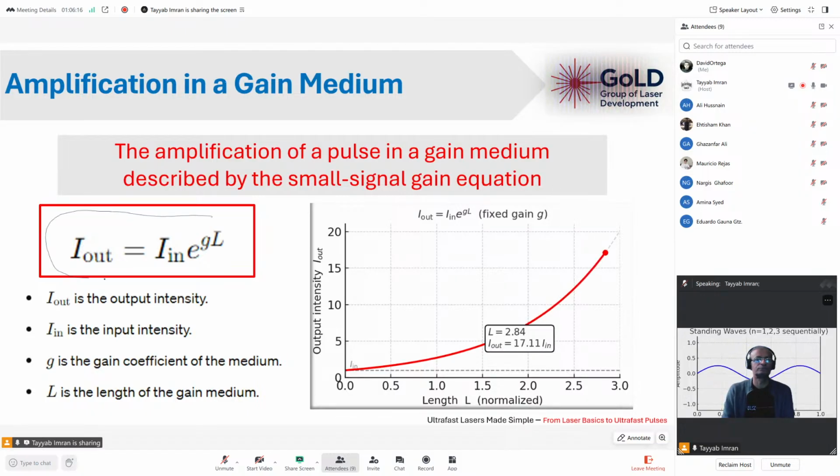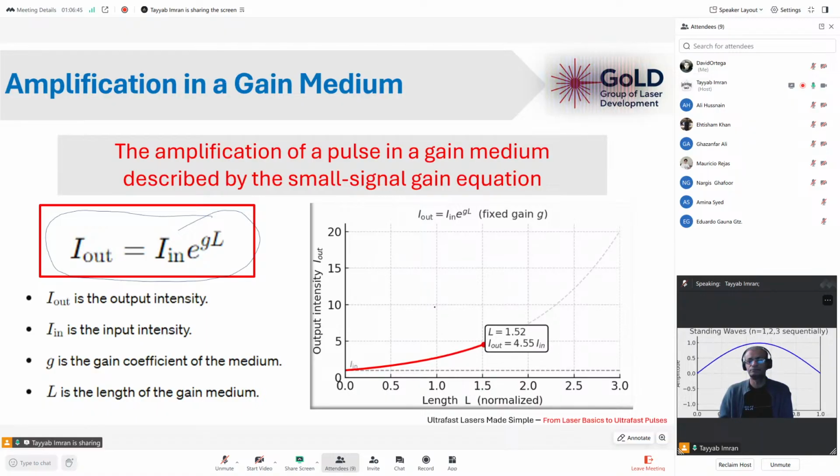This one shows output intensity, input intensity, and the exponential of GL. G is the gain coefficient of the medium, and L is the length of the gain medium. So this equation is specifically related to the gain medium we use in an amplifier.